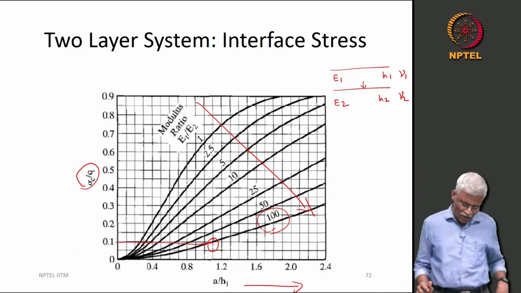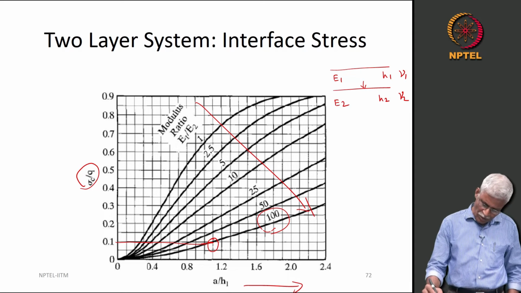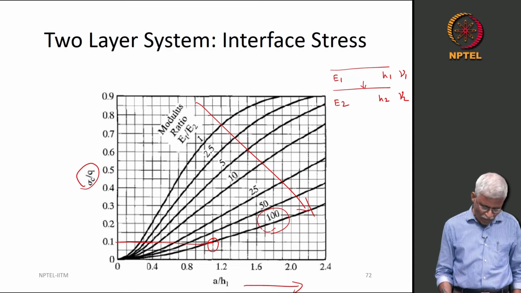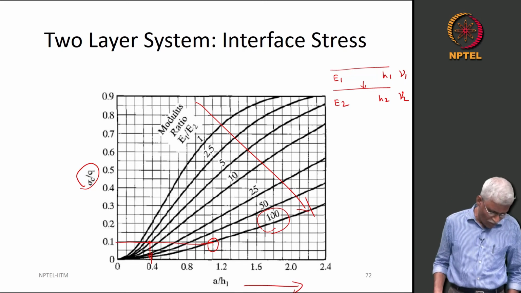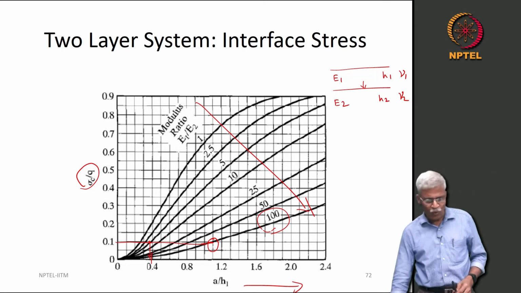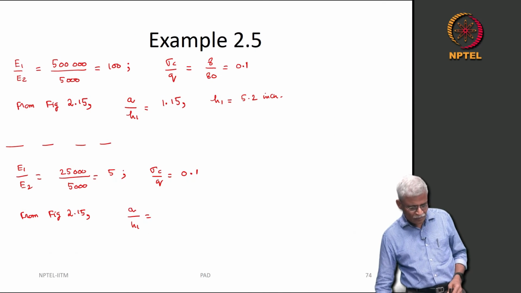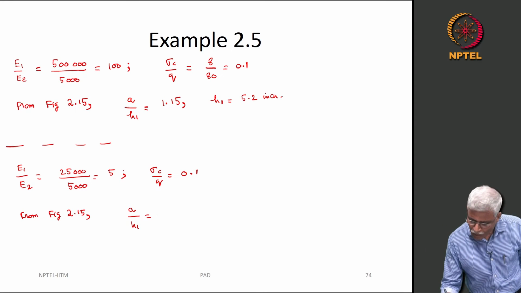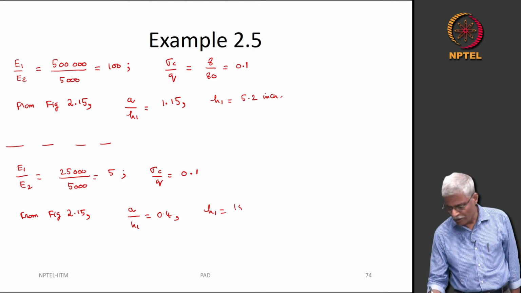This is the A by H1 chart. E1 by E2 is 5, and sigma c by q is the same, it is 0.1. So, it is going to be somewhere here. How much is it going to be? It is going to be 0.4. Now, if this is going to be 0.4, your thickness is going to be 15 inches.